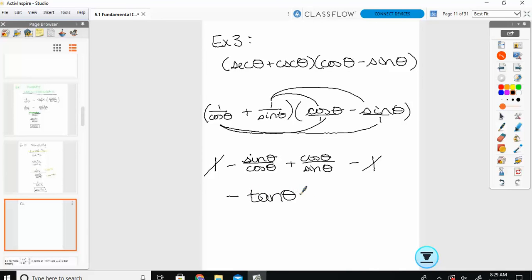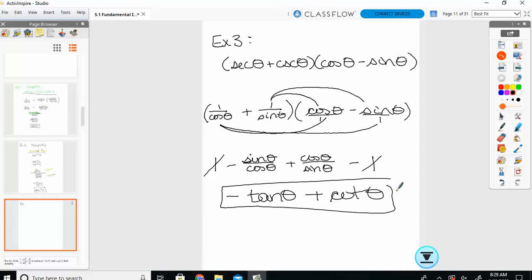So sine over cosine is tangent theta plus cosine over sine is cotangent theta. You could also write this as cotangent theta minus tangent theta, and that's equivalent. Okay. Questions on that one?